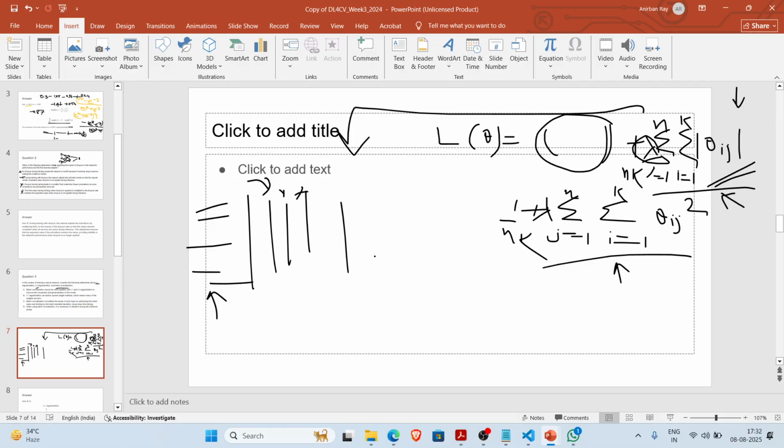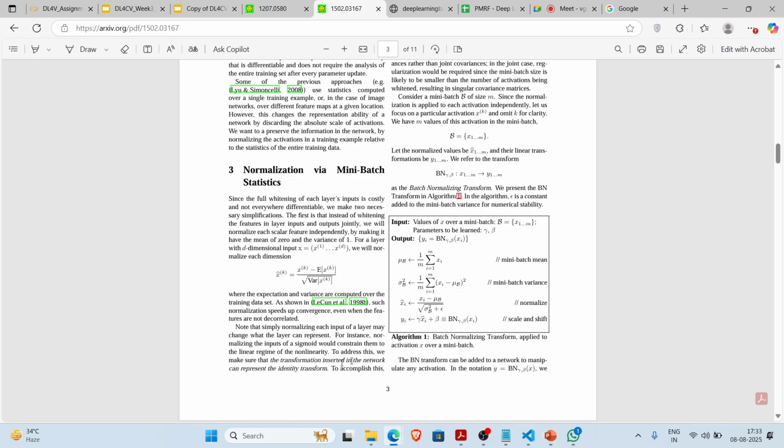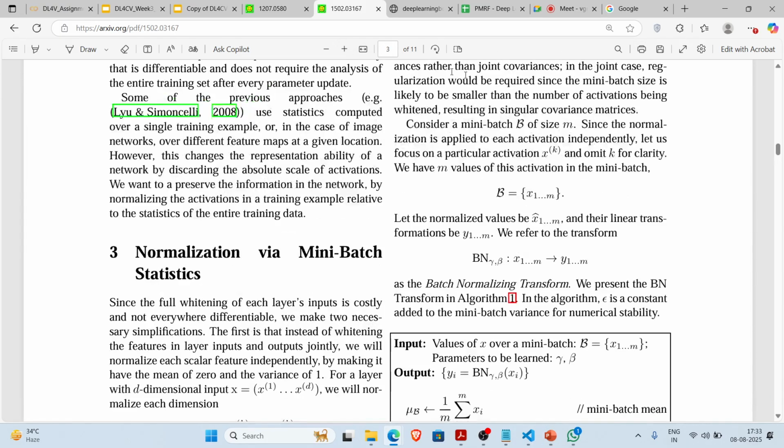So normalization of subsequent data traveling, meaning the information that flows through layers, and normalizing it, is called batch normalization. In batch normalization, the batch size is important, of course, okay.